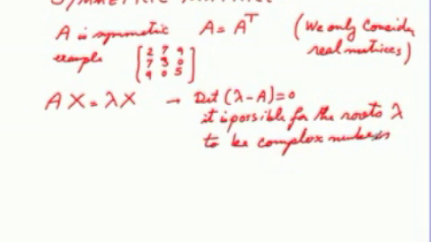Well, that's going to throw things off. We didn't practice this really enough to talk about it extensively, but we can see the possibility. If lambda turns out to be complex, once lambda is complex, x is also going to be complex.